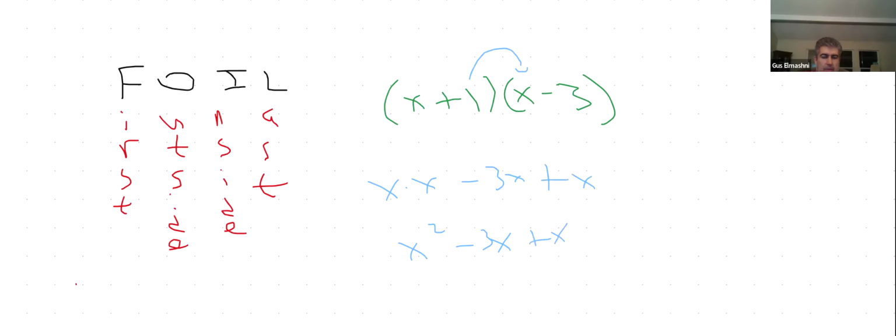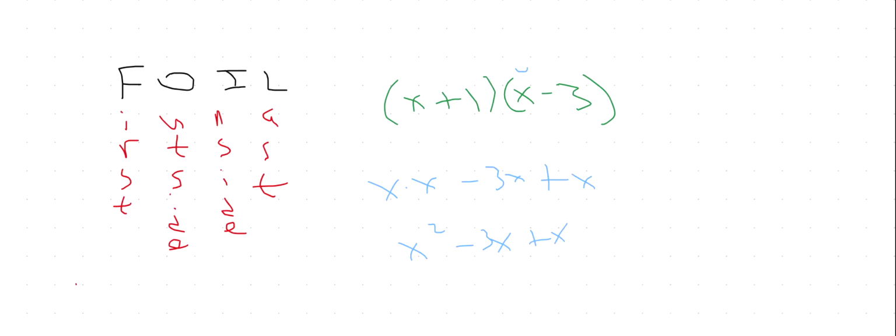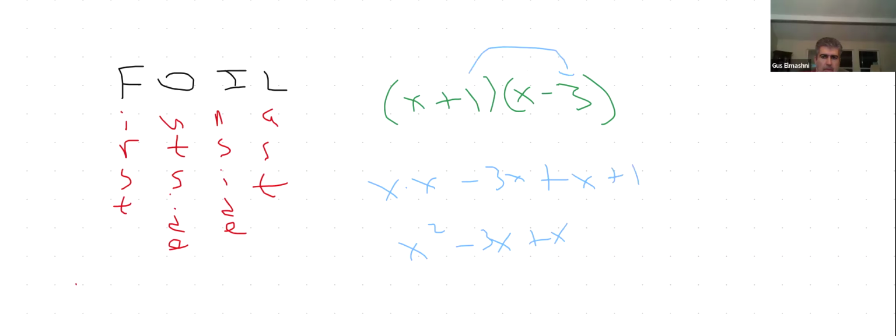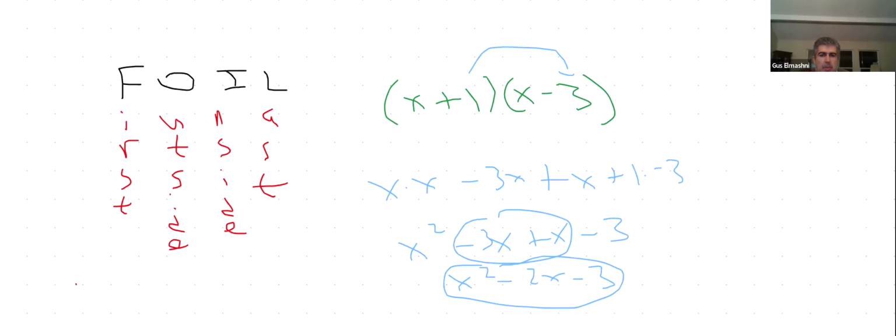And then lastly, you do the last, which is 1 times negative 3. So it's x squared, and these combined, that's negative 2x, minus 3. That's called the FOIL process because you do first, outside, inside, last. It's an acronym to help you remember the process.